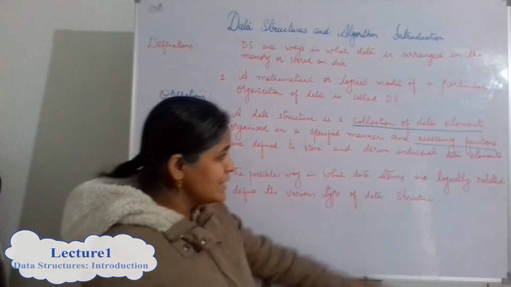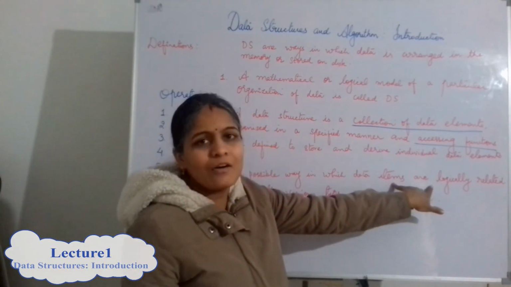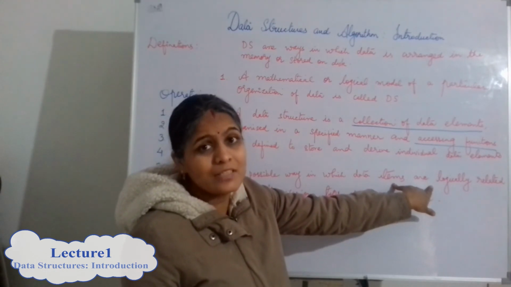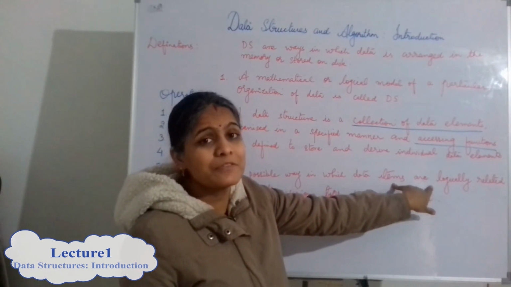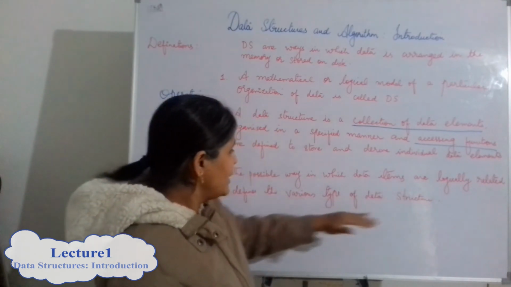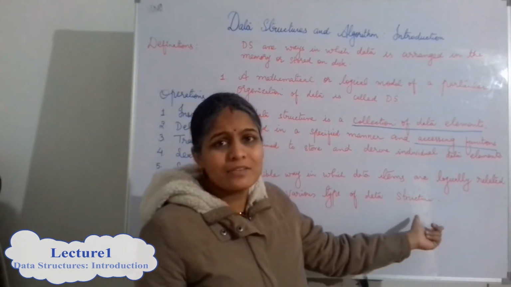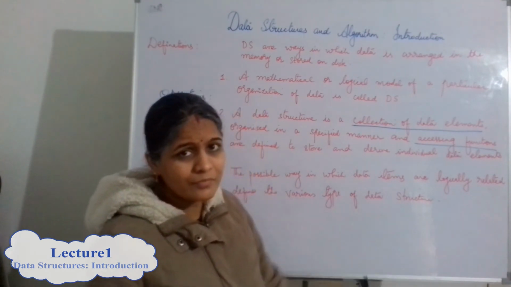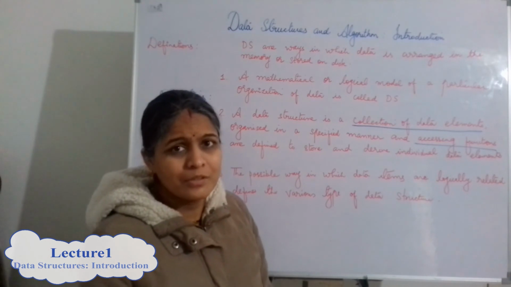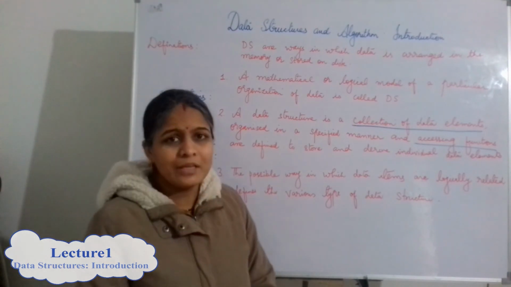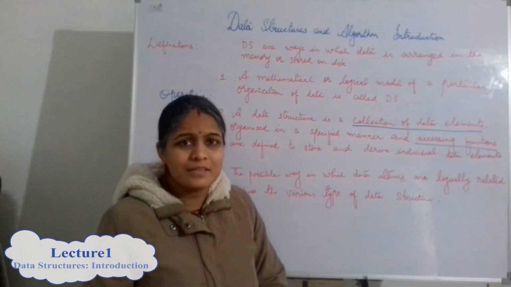We have already seen how the elements of array are logically related, how the elements of linked list are logically related, how the elements of tree are logically related. So, it defines various types of data structures. Okay. I think it will be clear to you. So, this is all about the introduction of data structures.